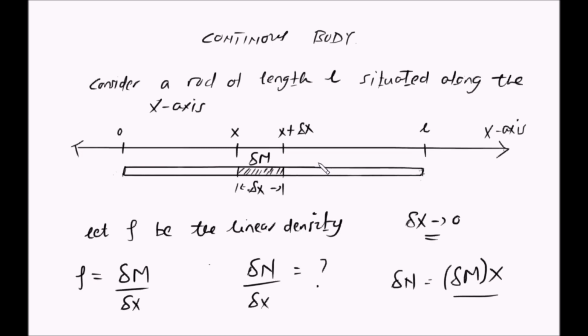So the formula for the center of mass will be much simpler for a continuous body. I am saying a rod with uniform linear density, what will the center of mass be?